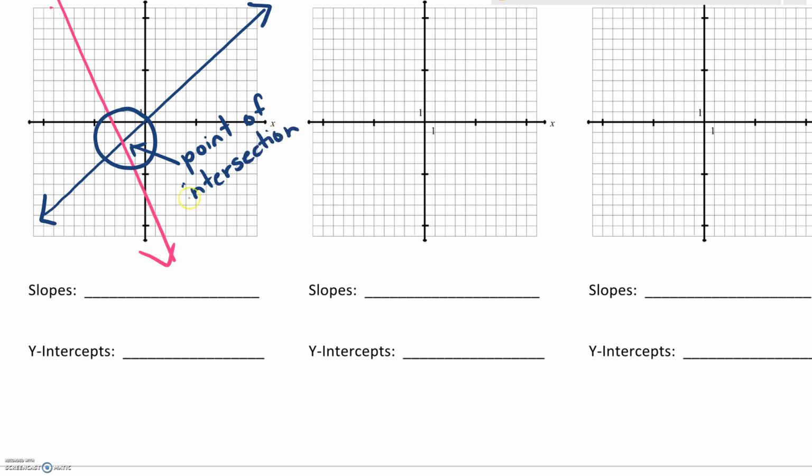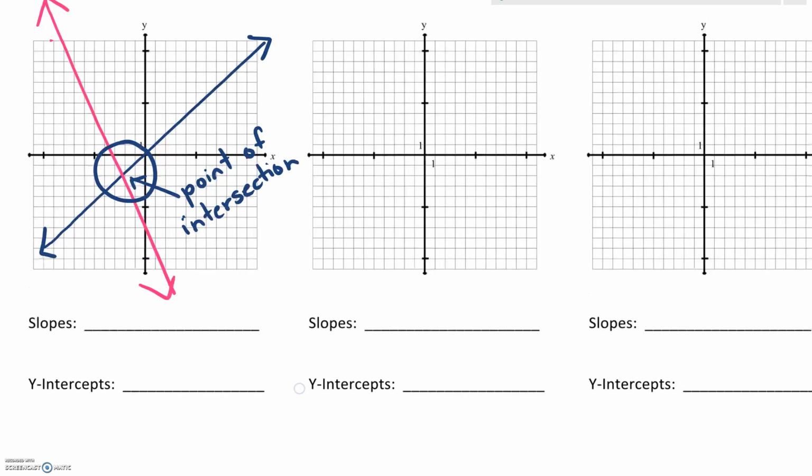As we write that down, we have to investigate other things that are happening. If we take a look at these two lines, I want you to recognize that one of these slopes is going down. One slope should be negative, and the other slope should be positive because the line is rising up. So in this case, both slopes are different. And you need to know that when you look at lines, the slopes are different.